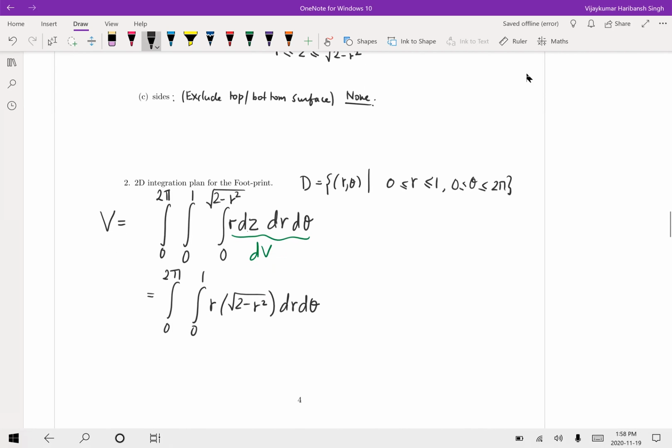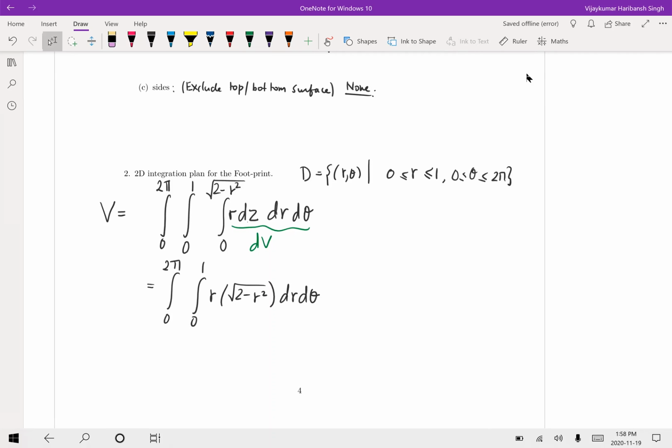Now we can do this computation using substitution. You can break this integral into 0 to 2 pi d theta, and 0 to 1 r square root of 2 minus r squared dr.